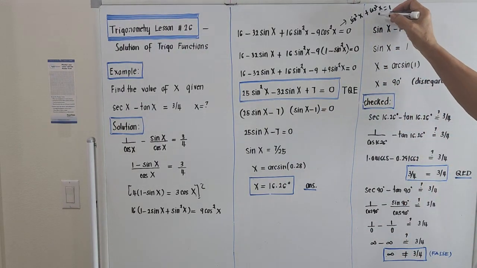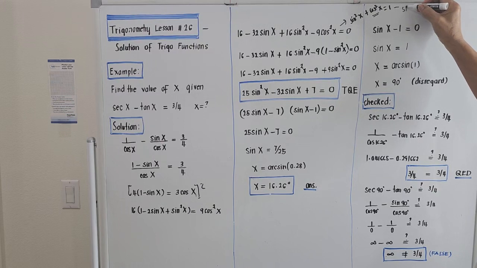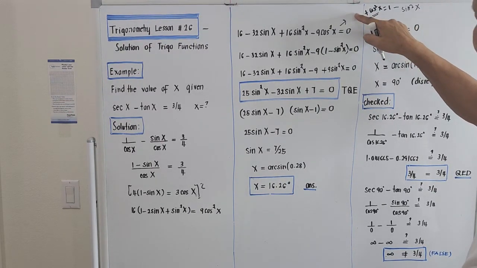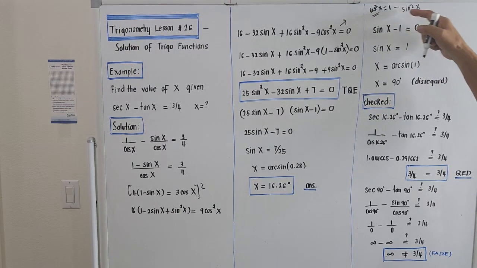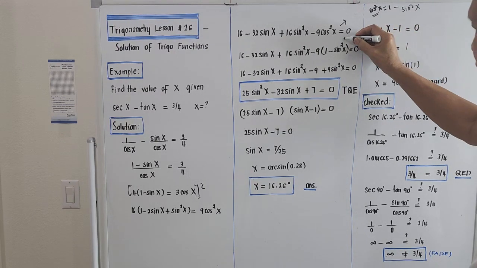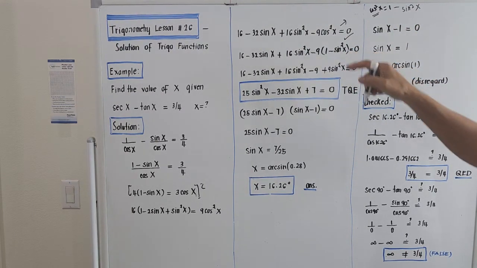So we will get the value cosine square of x to be equal to 1 minus sine square of x. We will replace the value cosine square of x by a value 1 minus sine square of x. So this is actually the equivalent of cosine square of x.